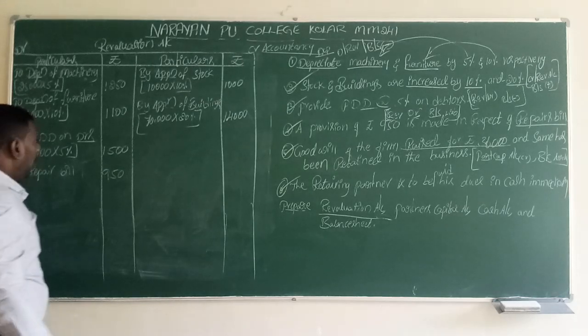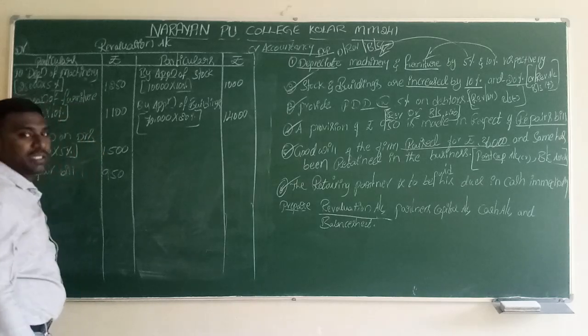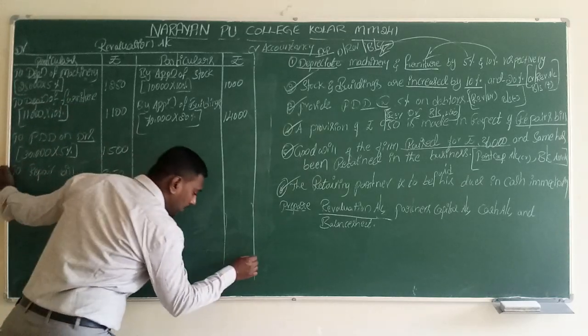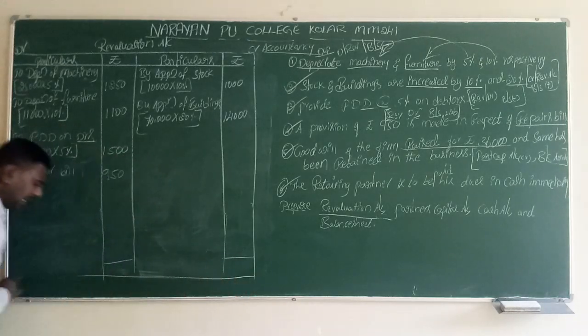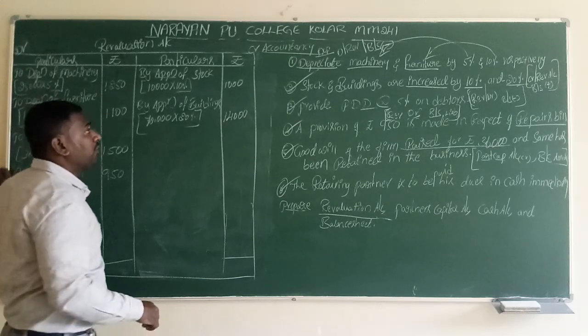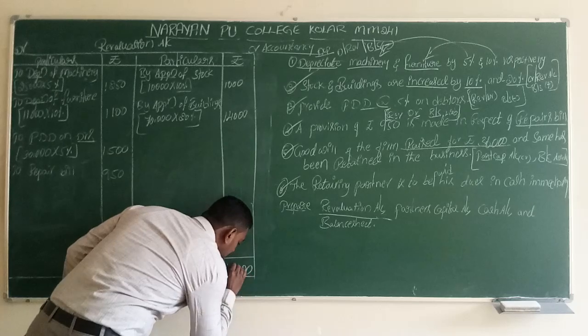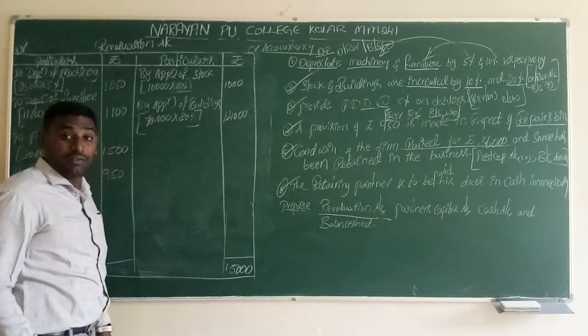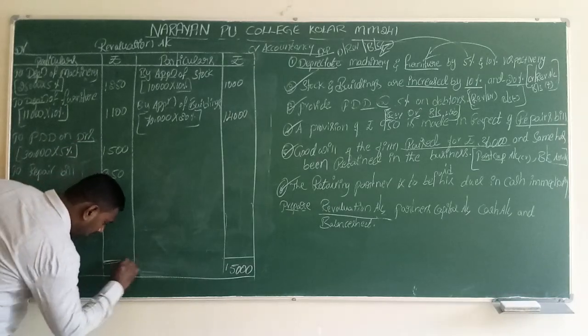So the credit side only has the highest value, so we should make the total to balance. If we know the credit side has the highest value, it means we will get the profit. 14 plus 1, 15,000. The same value we should write on the debit side also, 15,000.